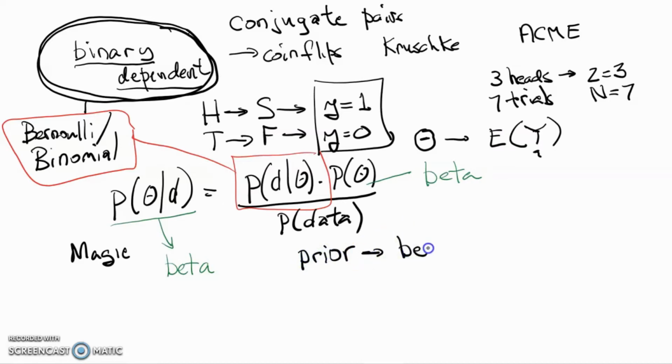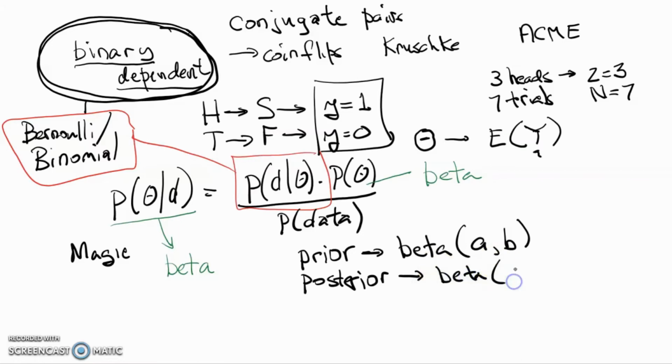In fact, what we're going to see is that if our prior is a beta with parameters a and b, then the posterior is also going to be a beta, but it's going to have parameters a star and b star, where a star is equal to a plus z.